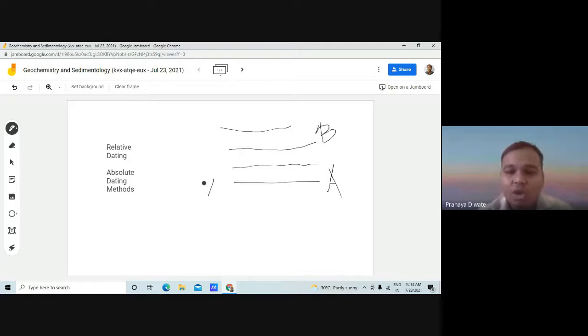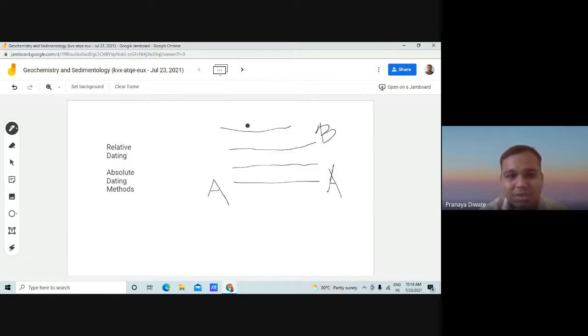We are talking about undisturbed strata. In undisturbed strata, your A is always older than your B. So B is younger. A is older than B, and B is younger than the A formation.